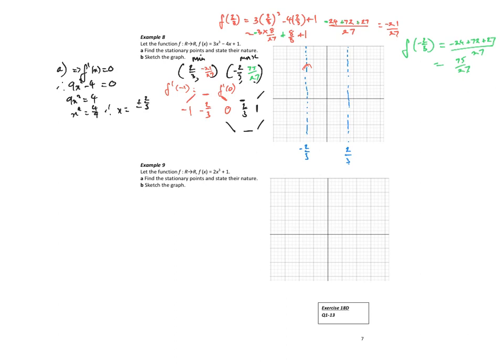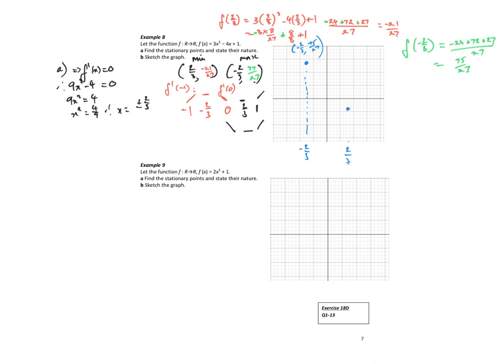So let's rub out a little bit of scribble there and just mark a point at negative 2/3, nearly 3. So something like that. And obviously the other point then at positive 2/3 is going to be at negative 21 on 27, which is a little bit under 1, which might be about there.